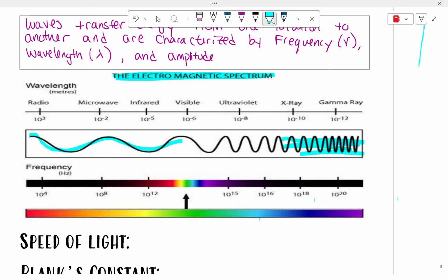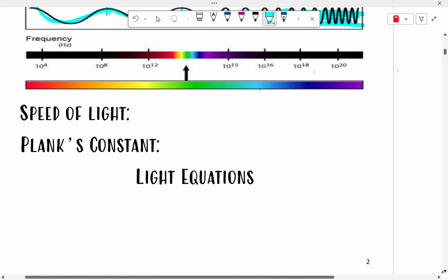And that correlates to our definition of wavelength: the length from one crest to another crest, one peak to another peak. This is the distance of that span, and as we go across, these get smaller. Then we'll see the relationship between frequency and waves when we are discussing parts of a wave.